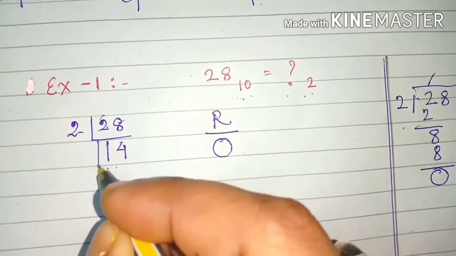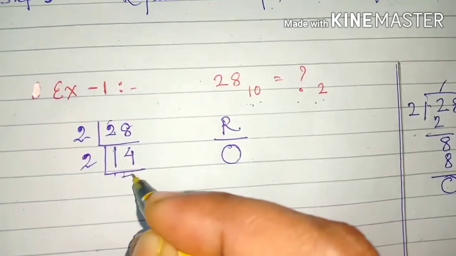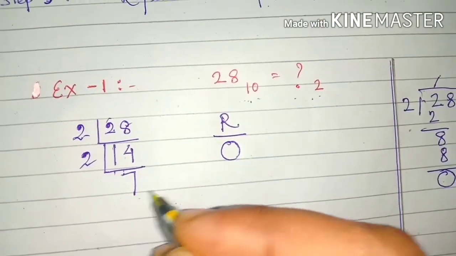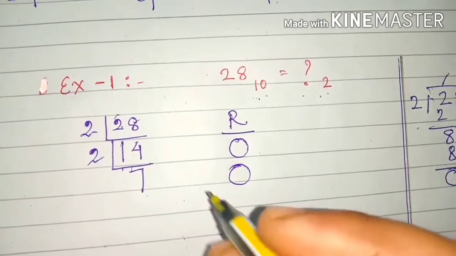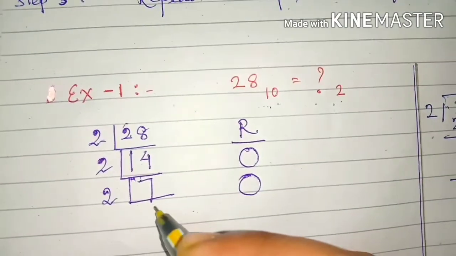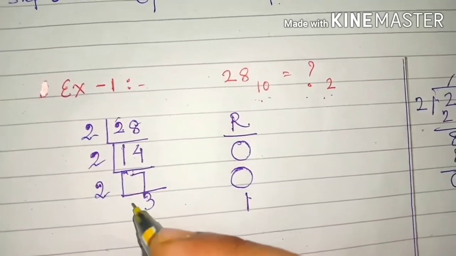Same way we will follow that. We again divide 14 by 2. We will get quotient 7. We will write the quotient here and the remainder will be nothing, so the remainder is 0. Same way, the remainder will be 1.